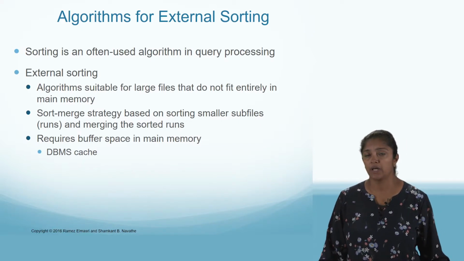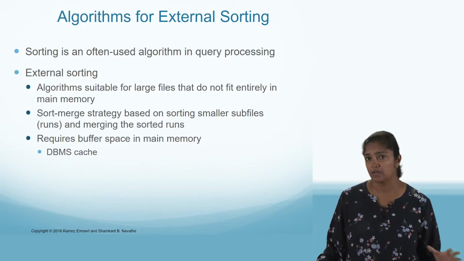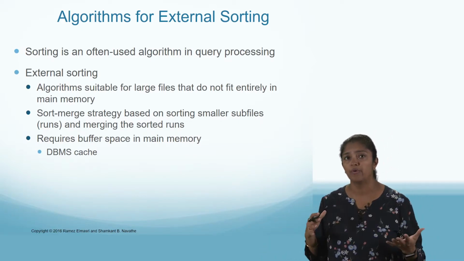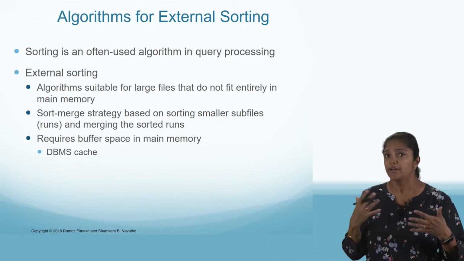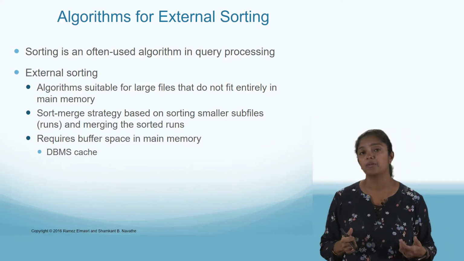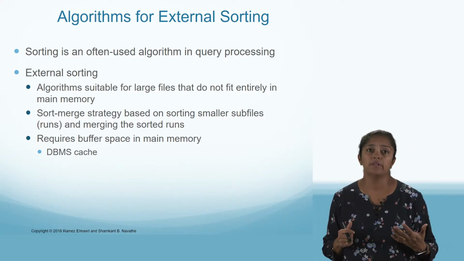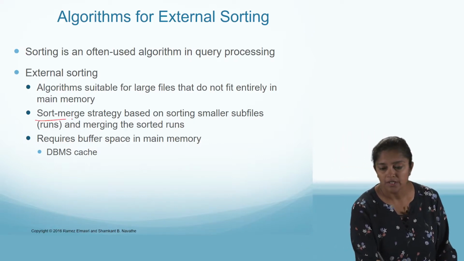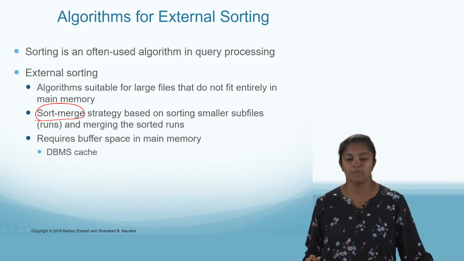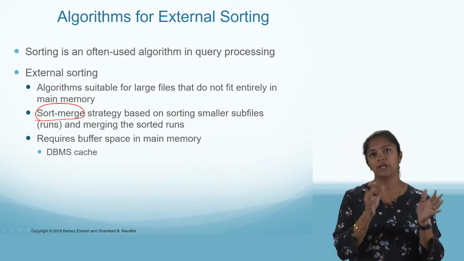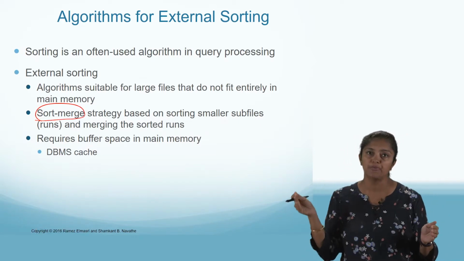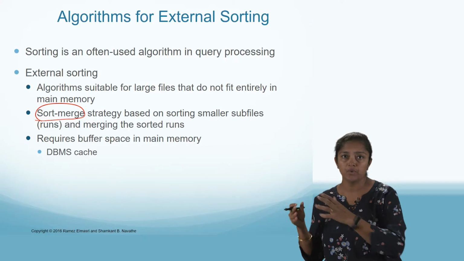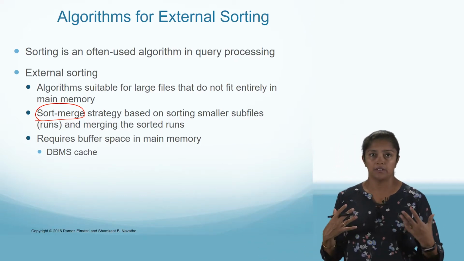There could be some tables that have really large data and it cannot be pulled into a single file for processing when it's brought into the main memory. That's where we need these sorting algorithms, and the sort-merge strategy is what is used. It's based on sorting: breaking up a large file into smaller subfiles, sorting them individually, and then merging the sorted runs.